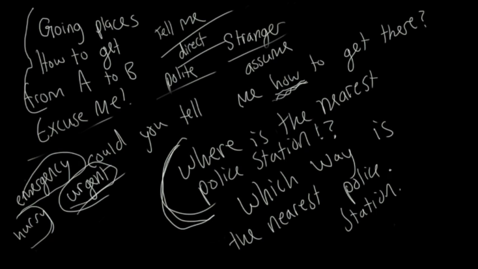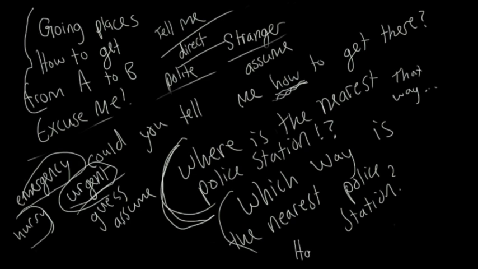Now again, people could just say, oh, it's that way. That is possible because that is what you asked, but people will probably be able to guess or assume that you want directions. Or maybe if they say it's that way, then you can say, oh, well, how do I get there?